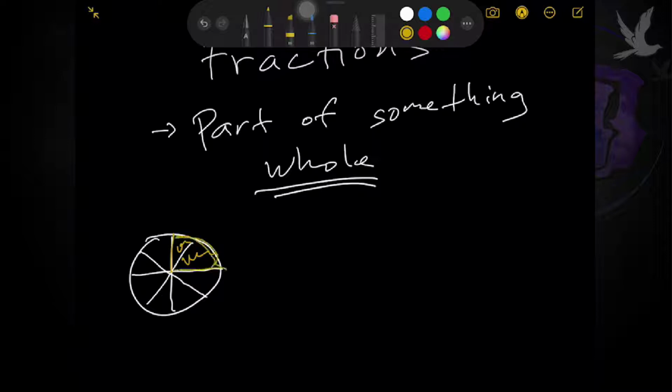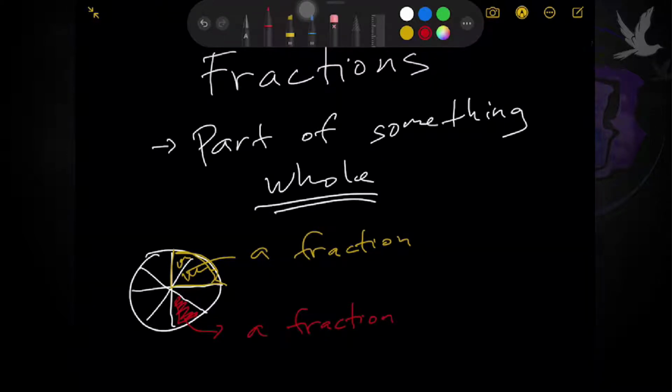This is a fraction of the entire pizza. If someone ate another slice, this is also a fraction of the entire pizza. So basically, a fraction refers to a part of something whole.